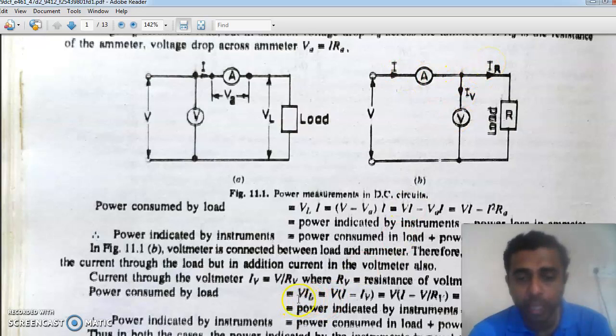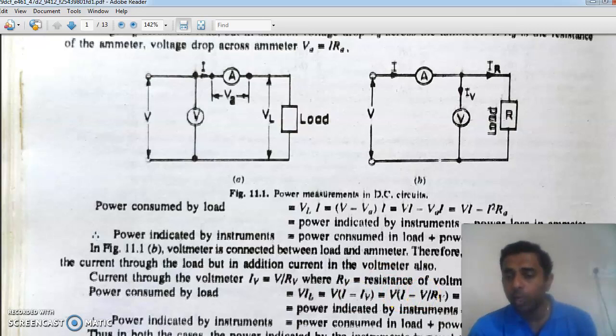The power consumed by the load is the voltage read by the voltmeter multiplied by IL. It is IL, not IR. IL is nothing but the total current I minus IV.